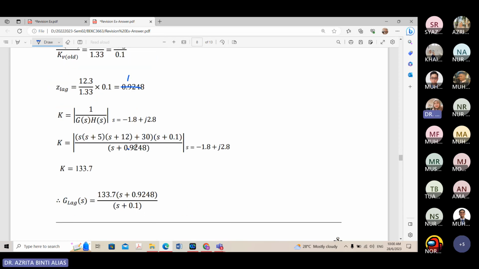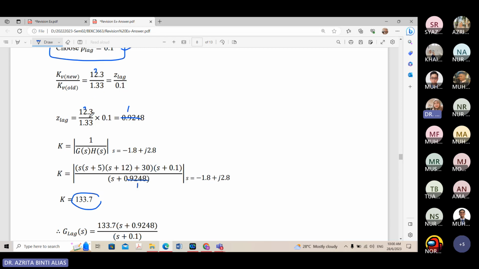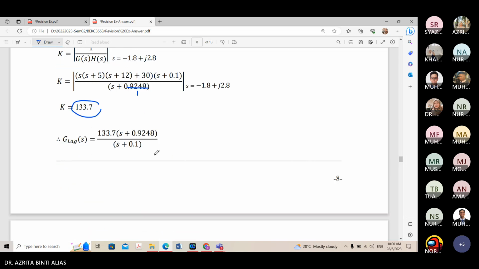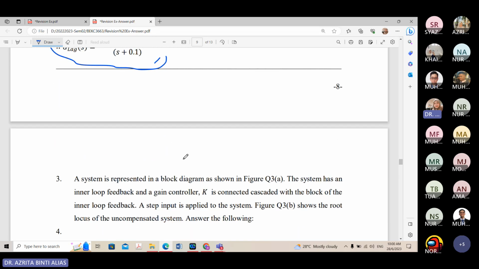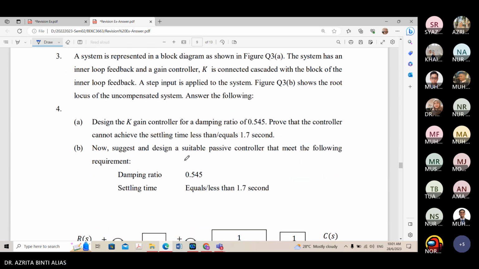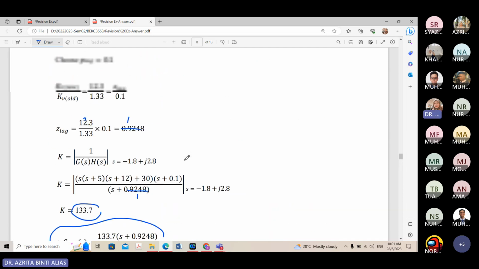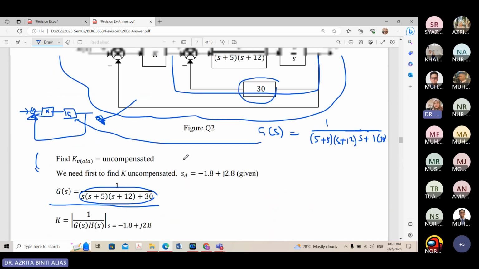Here too there is a small error because I miscalculated. The answer here should be 13.3. Okay, so lastly we just write the G lag. That's all for ESS.